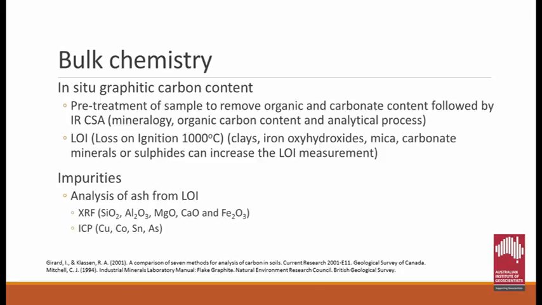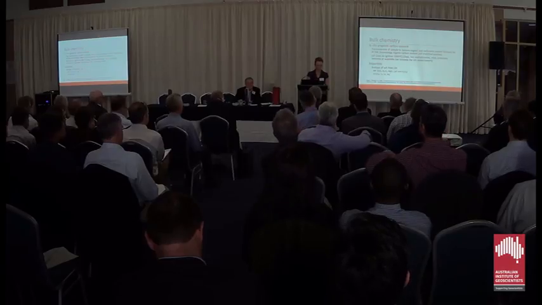The sample preparation usually consists of pretreatment of the sample with acid to remove any carbonate content, and either ashing or using hydrogen peroxide to remove organic material. Later on, the sample is followed by analysis with the infrared carbon sulfur analyzer. Now, each lab would have different methods to pre-treat the sample and analyze it.